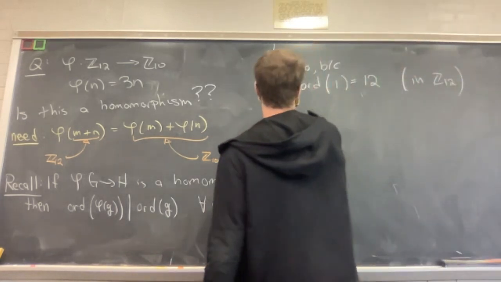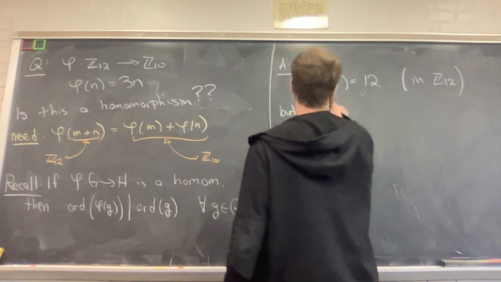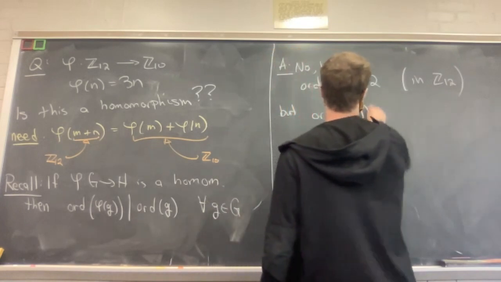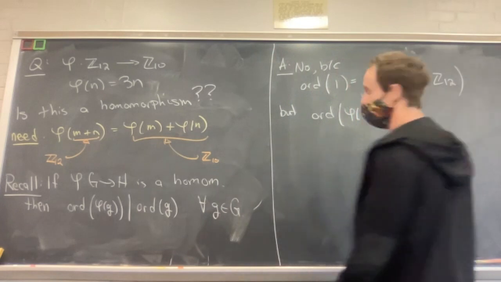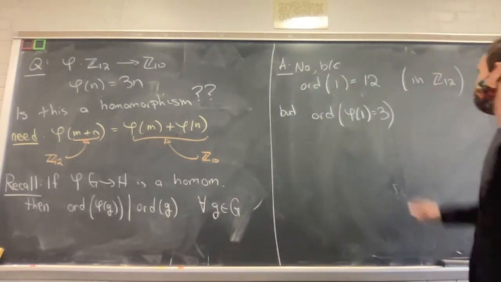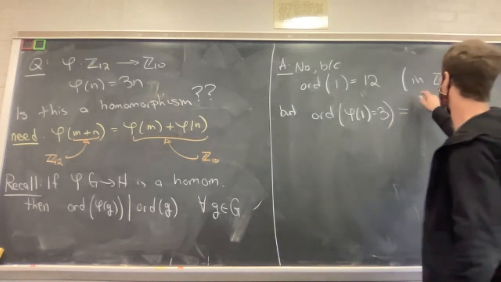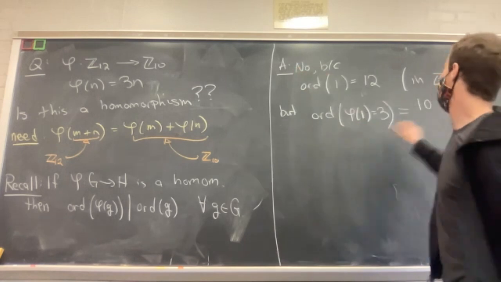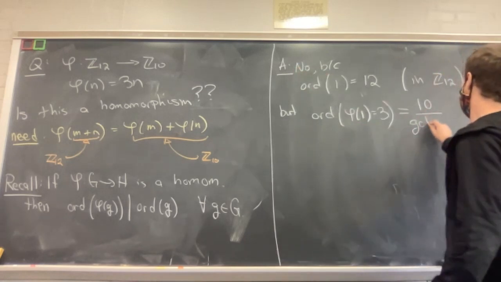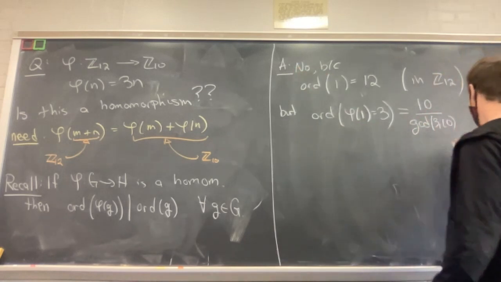But the order of phi of 1, which let's recall is equal to 3, is equal to, well, how do you find the order inside of Zn? There's a formula that we had before. It goes like this: the order of the group, 10, divided by the GCD of 3 and 10.